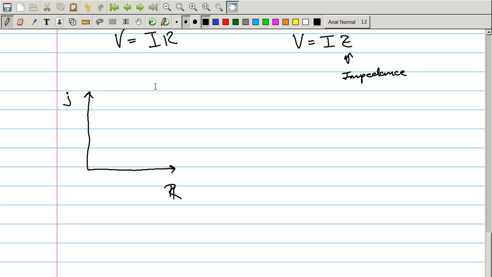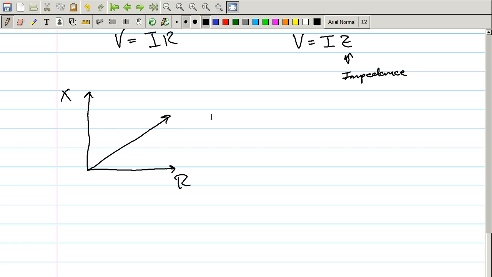In electrical engineering, the imaginary constant you normally see as i is denoted as j. I don't know why. It probably has something to do with the fact that there's already an I, but who knows. So it's the complex relationship, so some of it's imaginary, some of it's real, between the resistance of an element and the reactance of that element.